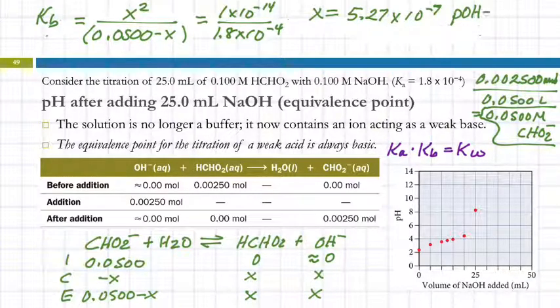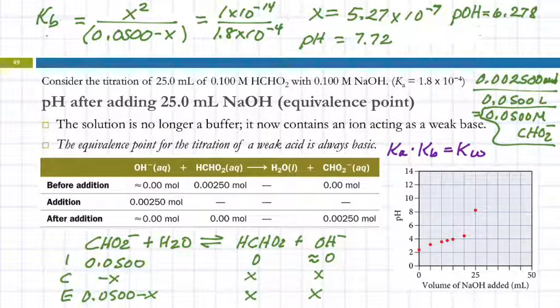POH is 6.278. Yeah, I screwed up somewhere.